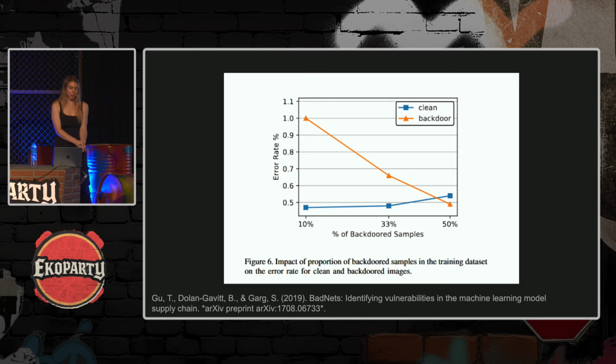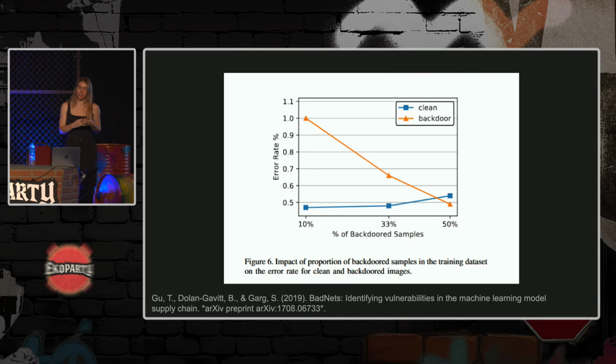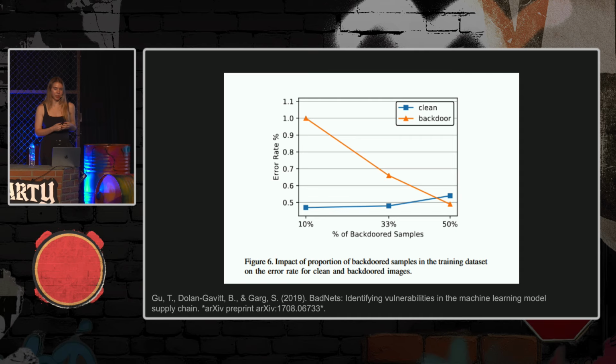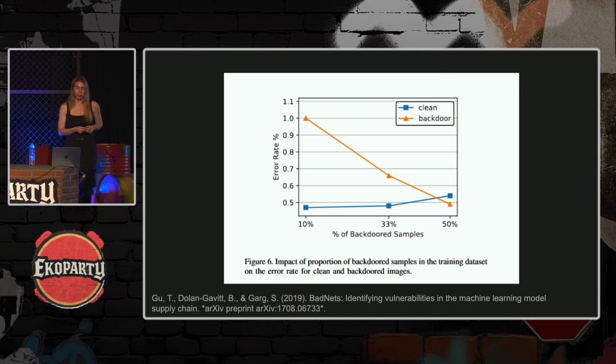In BadNets, the attack would succeed even if the backdoored image samples represented only 10% of the training data set. So the 10% number is significant to us, but it doesn't diminish a data poisoning attack looking at less than 10% of the training set. The 10% number starts to lose its significance, as there is also a problem with regards to detection in traditional security tools.